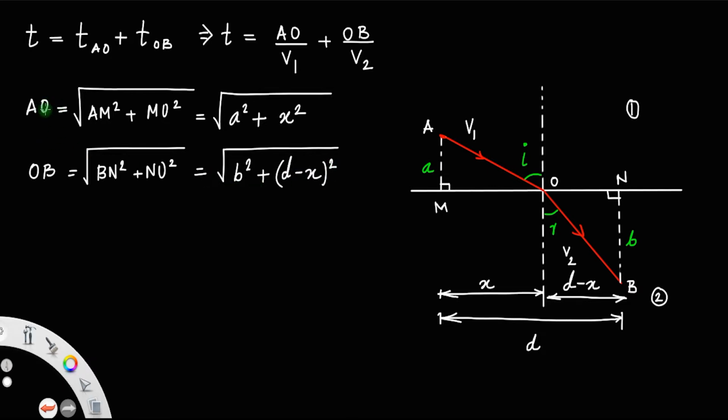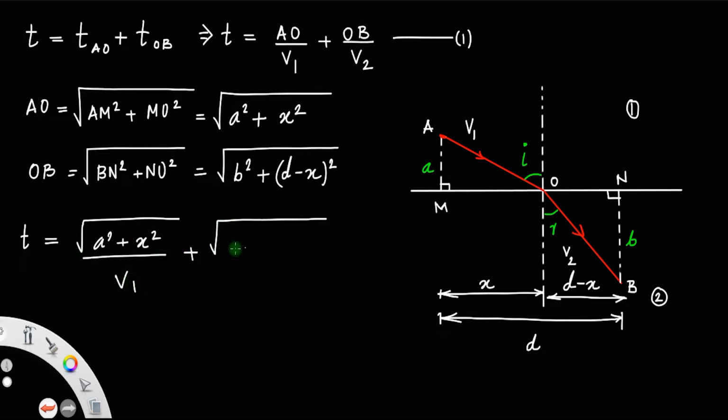Now substitute these values of AO and OB. Let's call this equation 1. In equation 1, T is equal to root of a square plus x square divided by V1, plus root of b square plus d minus x whole square divided by V2.